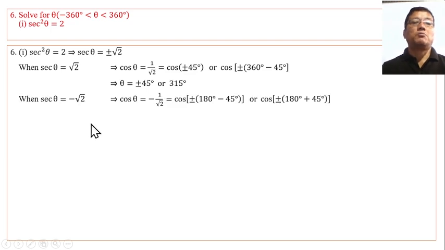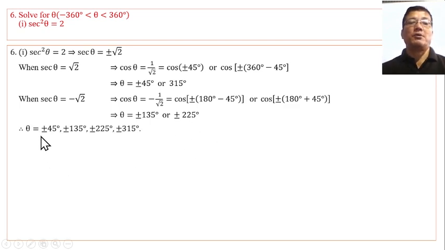Negative angle of cos of minus root 2, cos theta is minus half. Cos minus half in the second quadrant and the third quadrant, plus minus 180 equating to the value. Hence theta we have values.